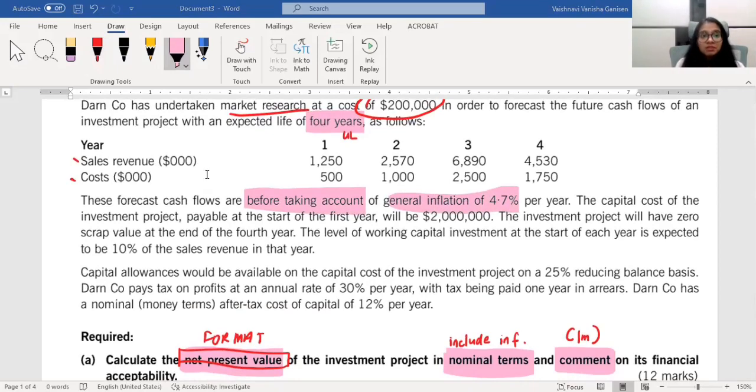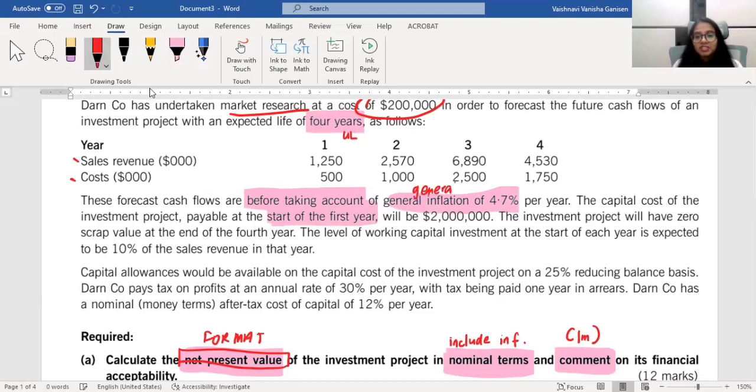So guys, remember, when I said general inflation rate, this is the question that shows you general inflation rate. The capital cost of investment project payable at the start of the first year. Okay, so this is general inflation rate.